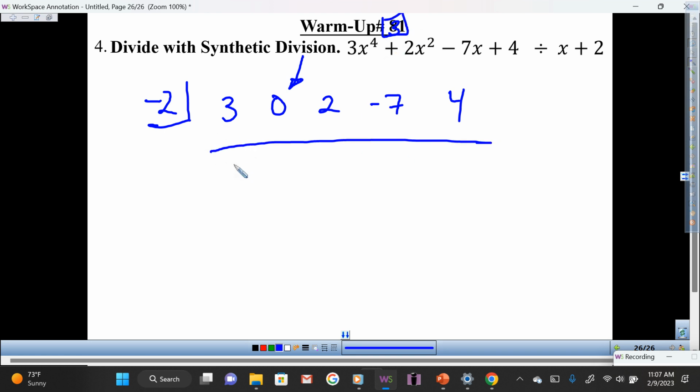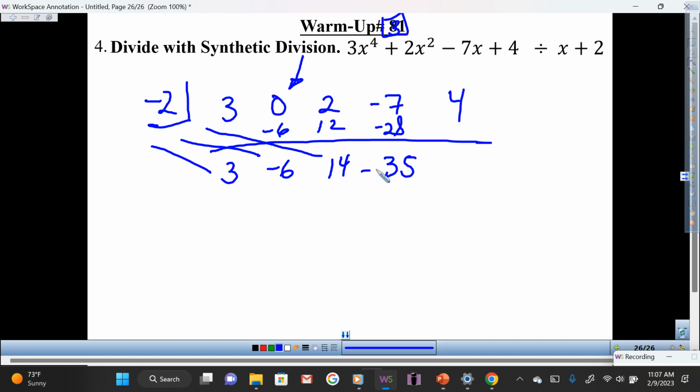Okay. So bring down the 3. -2 times 3 is -6. Combine. -2 times -6 is 12. Combine. -2 times 14, that's -28. Combine. And -2 times -35, that's 70. Combine. That's 74, our remainder.